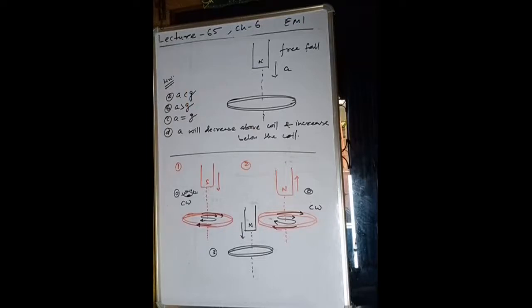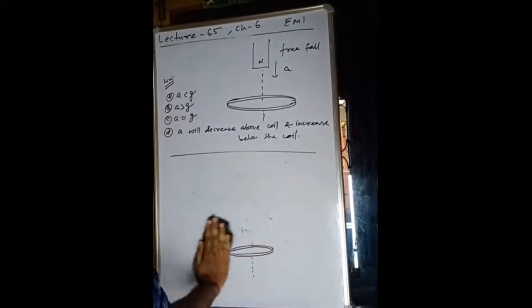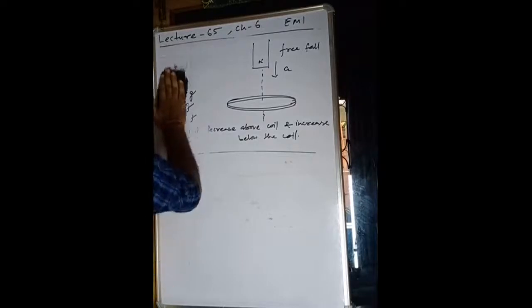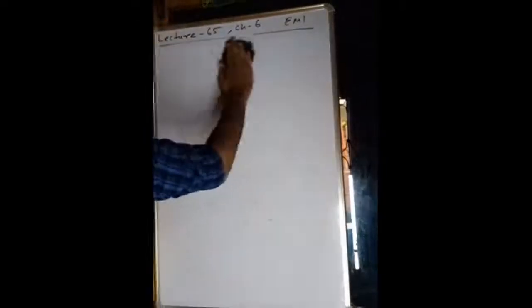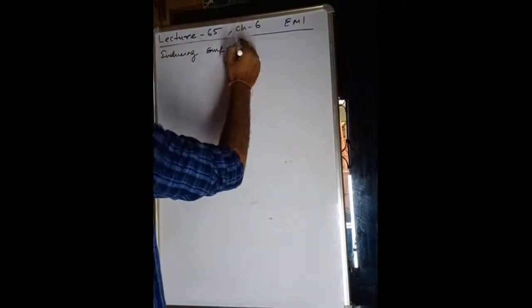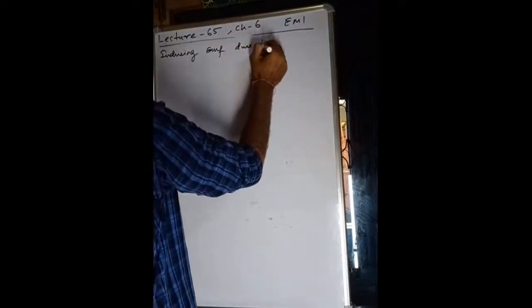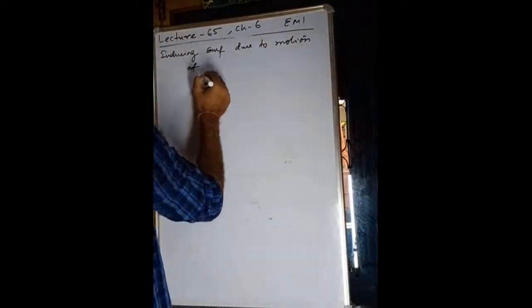Now, my dear students, for the induced EMF, we have studied two or three ways. One more way of inducing EMF. So give the heading: inducing EMF due to motion of coil.